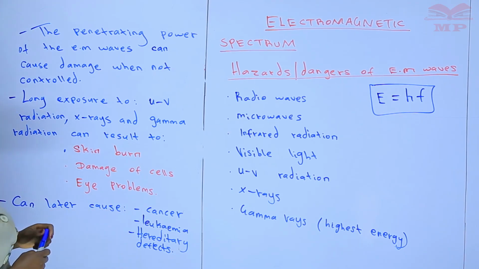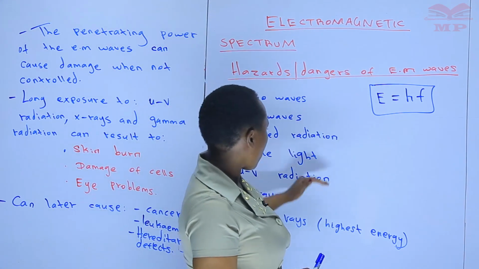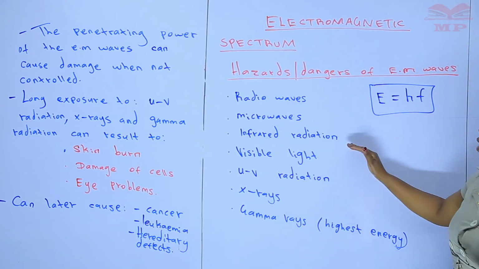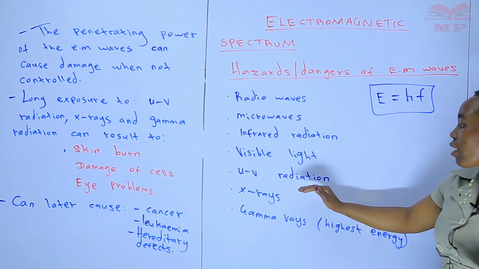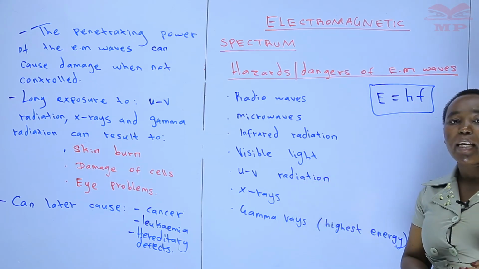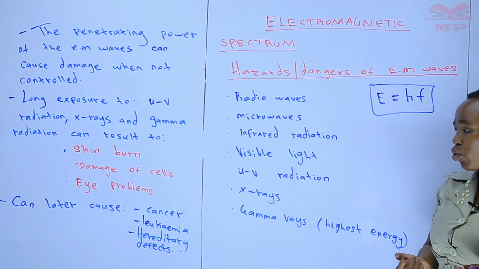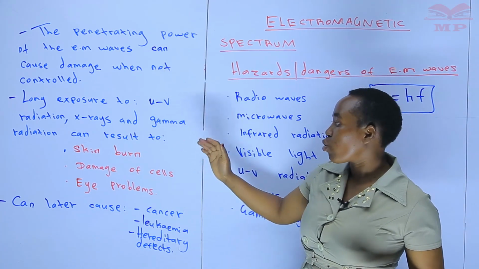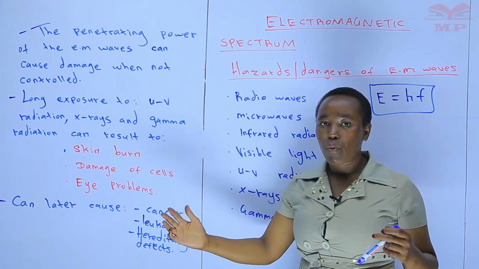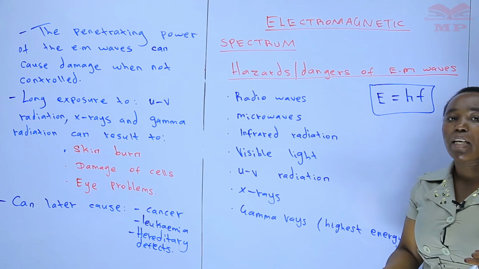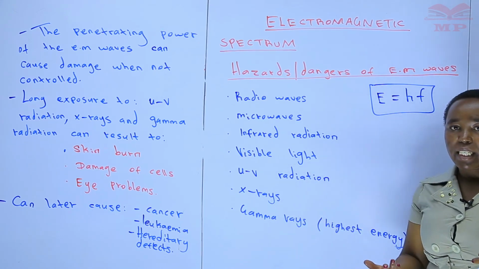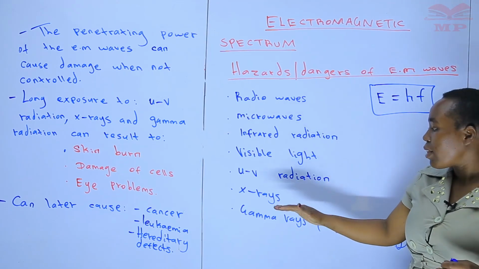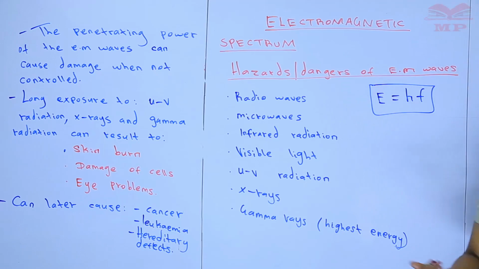So it is always advisable that when one is operating in a place where there is emission of these radiations, especially the UV radiation, the X-rays and the gamma rays, we need to take some control measures to ensure that there is no long exposure, and also to ensure that some distance is given when you have a radioactive substance which is emitting, for example, X-rays, so as to ensure that you don't come into contact with those radiations.